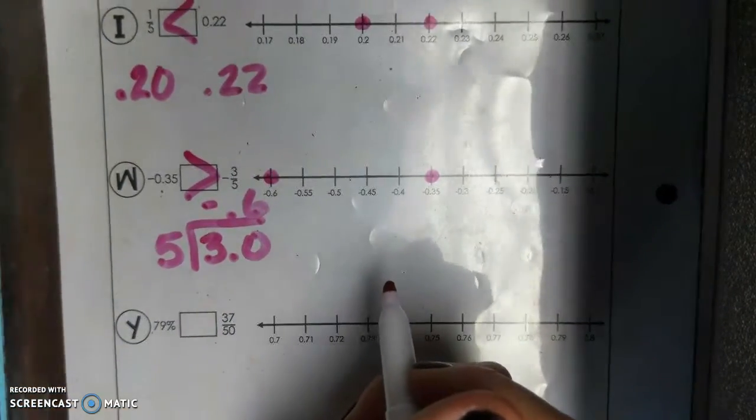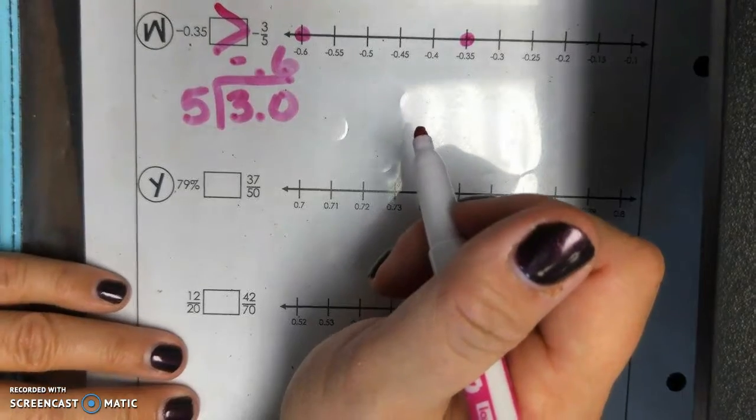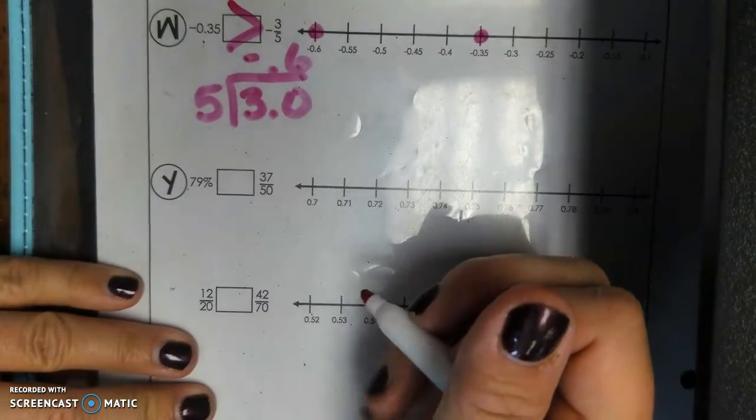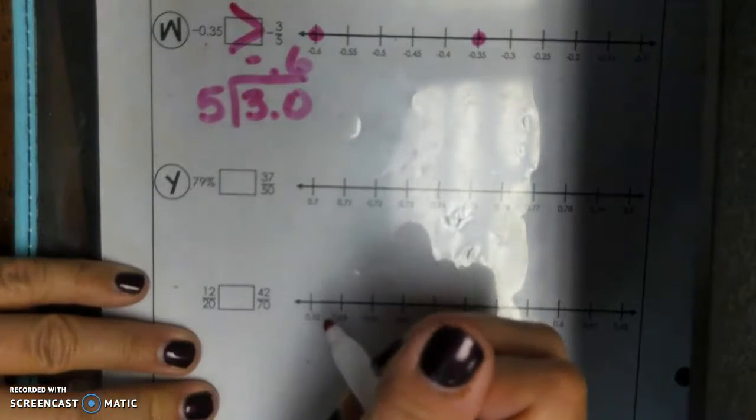All right, now I'm looking at 79% compared to 37/50ths. Well, 79%, we know we can divide this by 100.